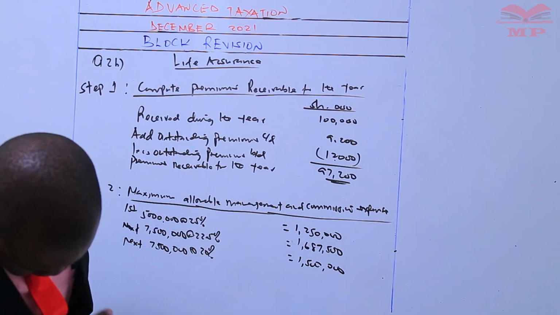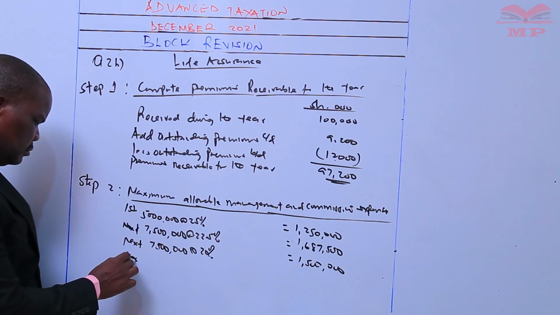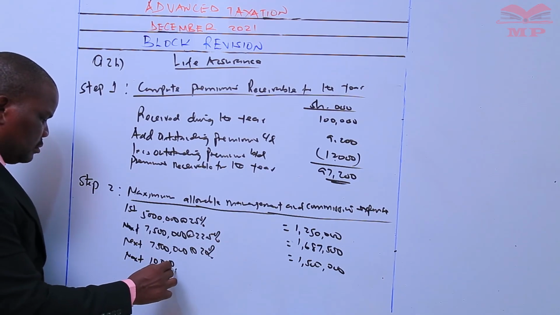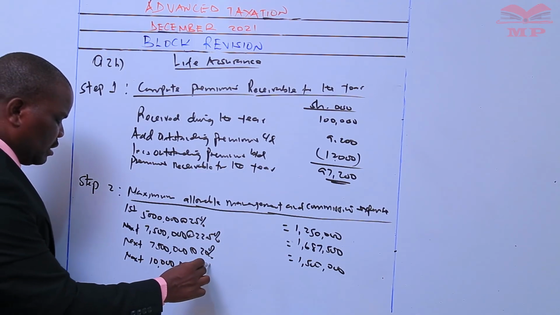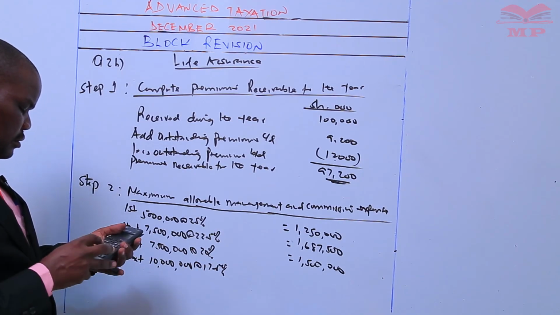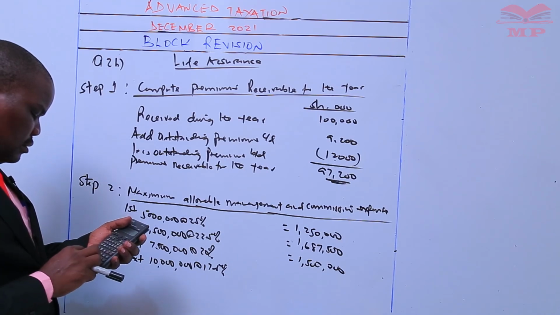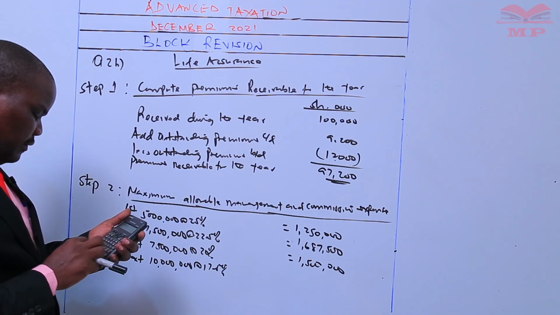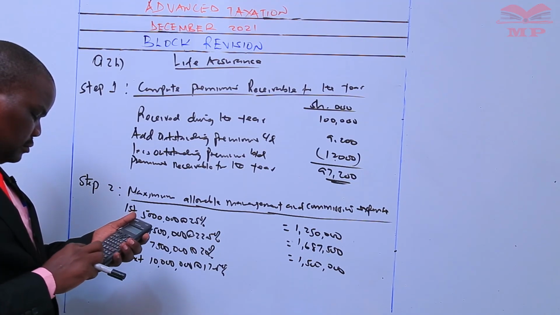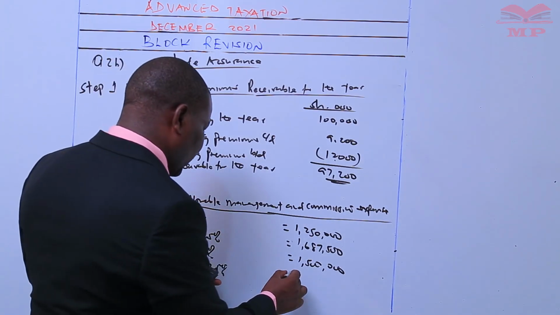Next we say next 10 million at 17.5%. So we do 17.5% of 10 million. I'm getting 1,750,000.